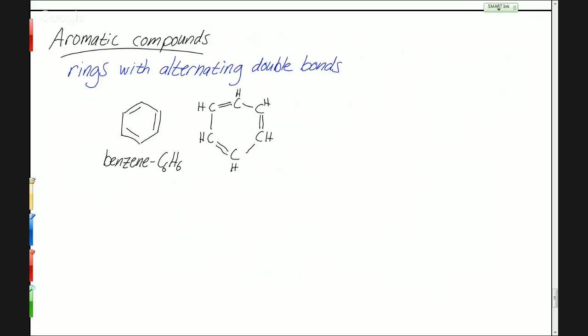It can be written like that, or we could flip them, move everything over one carbon. And the fact that it can do that means that this has some special properties. Those electrons in those double bonds have a way of moving around the ring or occupying all the space of the ring that makes this especially stable.